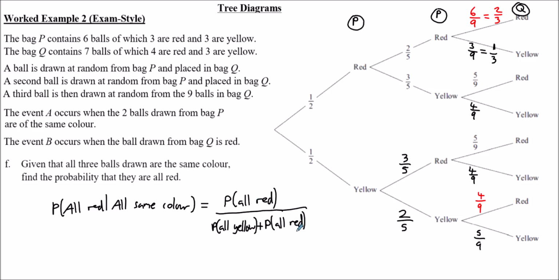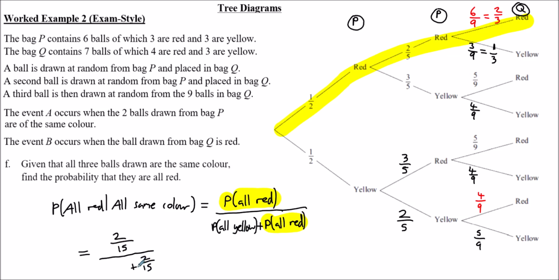So, for them all being red, that's going to be 1/2 times 2/5 times 2/3 at the top. So that gives us, let's see, 1/2 multiplied by 2/5, that's 1/5. 1/5 times 2/3, that gives us 2/15. And so on the top of this fraction we have 2/15 all over, that's 2/15 as well.